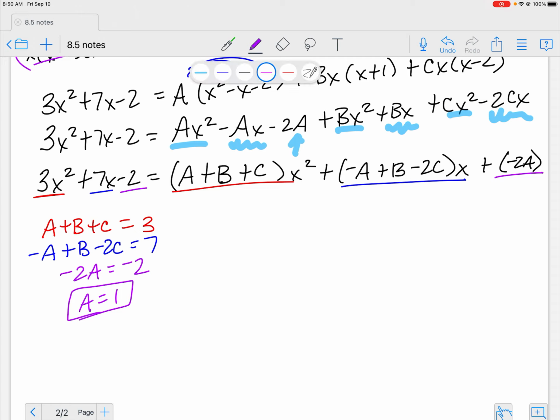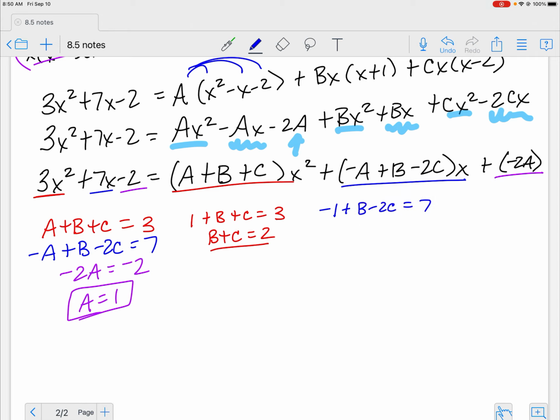So for red, we have 1 plus b plus c is equal to 3. So b plus c now equals 2. For blue, I have negative 1 plus b minus 2c is equal to 7. So b minus 2c is equal to 8.